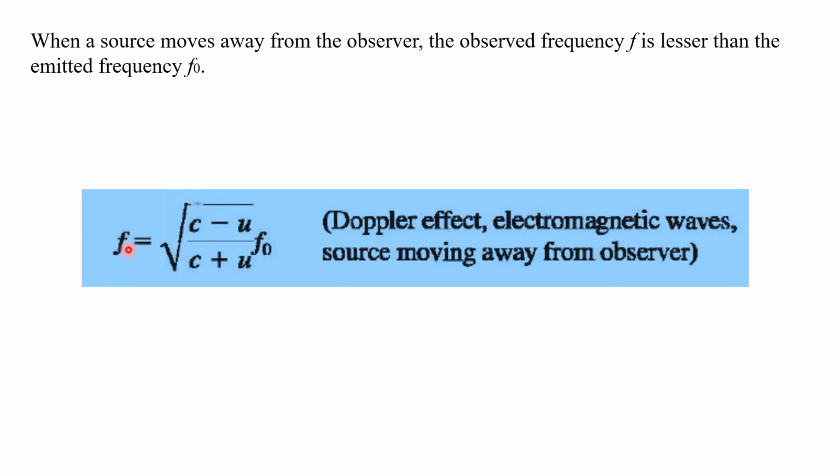So this will be our equation: f is equal to the square root of (c minus u) divided by (c plus u), multiplied by f naught. Take note of the signs of the numerator and of the denominator. The term, the square root of (c minus u) over (c plus u), is always lesser than 1, so f is always lesser than f naught, if the source is moving away from the observer.